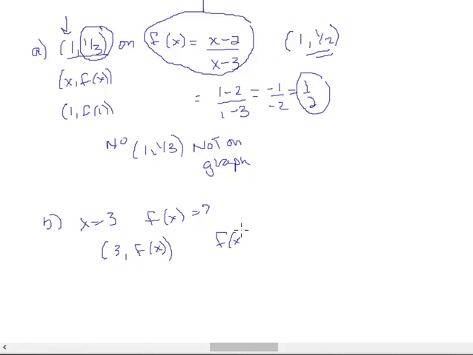So again, we're using that same function, f of x is x minus 2 over x minus 3. So now if I plug 3 in for x, I have 3 minus 2 over 3 minus 3. So 3 minus 2 equals 1, and 3 minus 3 equals 0. So what does that mean? That means that f of x is undefined.